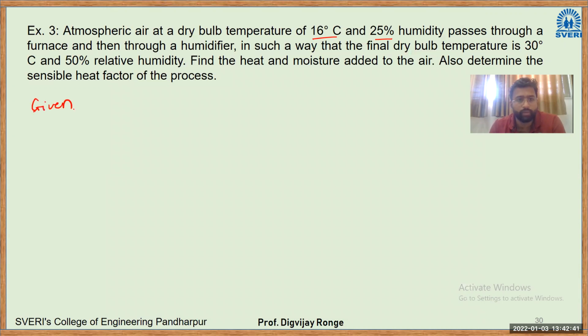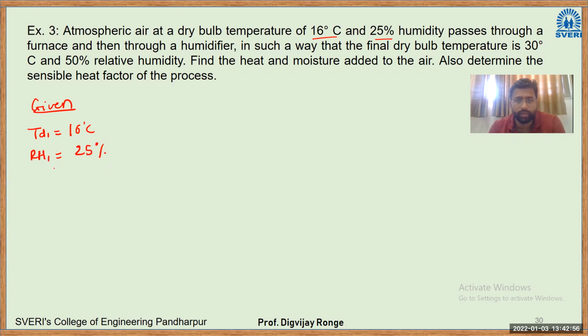So I will write down the given data here. First one, TD1. TD1 means dry bulb temperature of the stream at inlet, that is 16 degrees Celsius. Then I have RH1 as 25 percent.